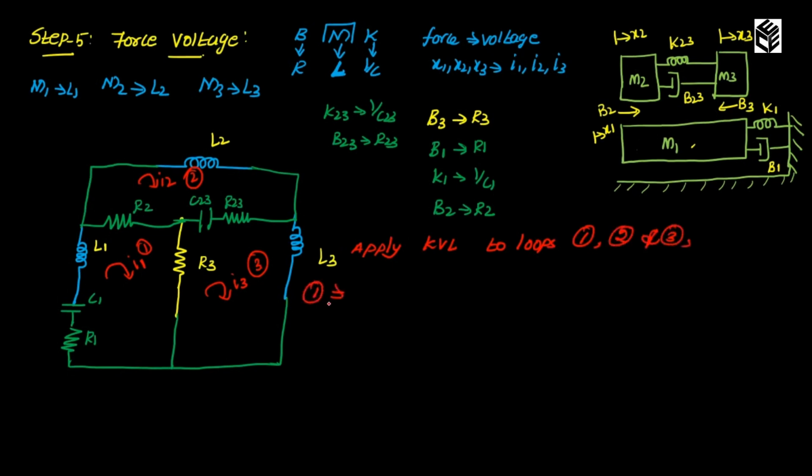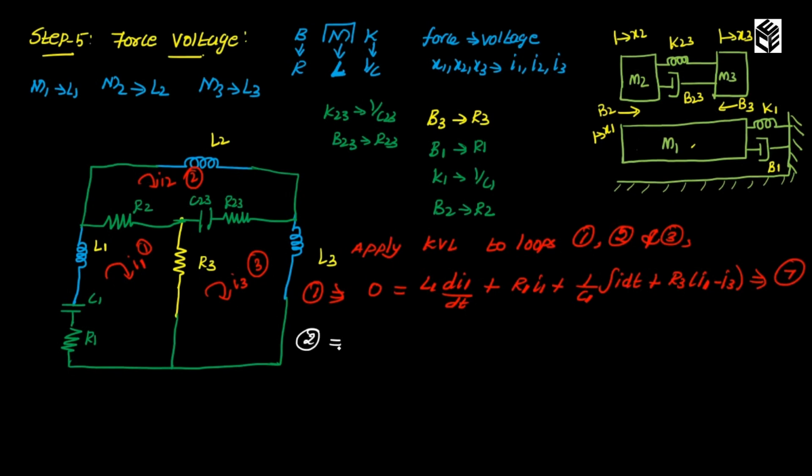To loop 1, if you apply Kirchhoff's voltage law, we don't have any applied voltage, therefore 0 is equal to L1 into dI1 by dt plus R1 into I1 plus 1 by C1 into integral I1 dt plus R3, which is common to 1 and 3, R3 into (I1 minus I3). I am taking this as equation number 7.